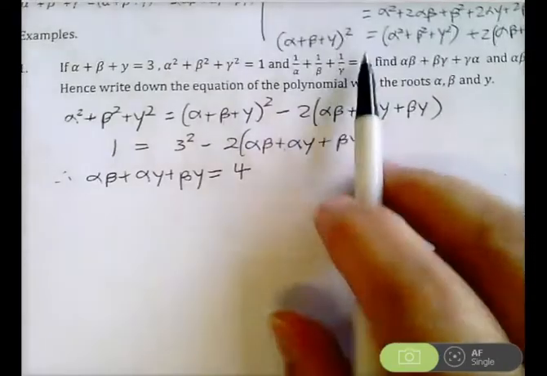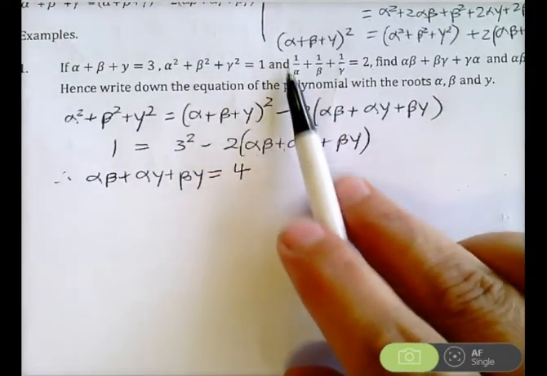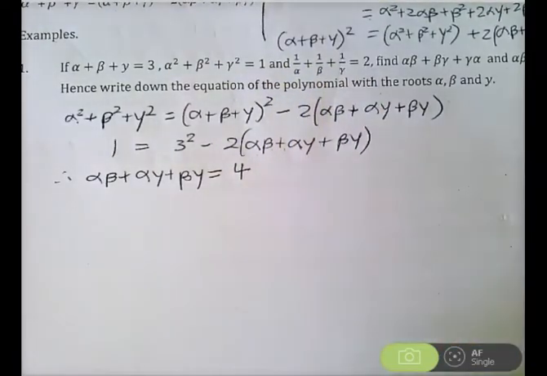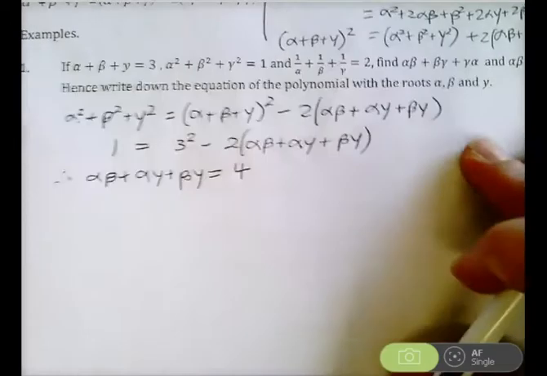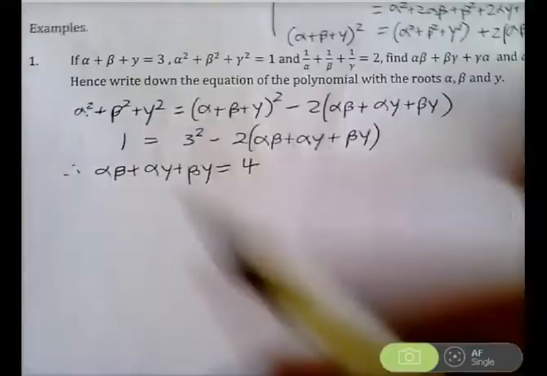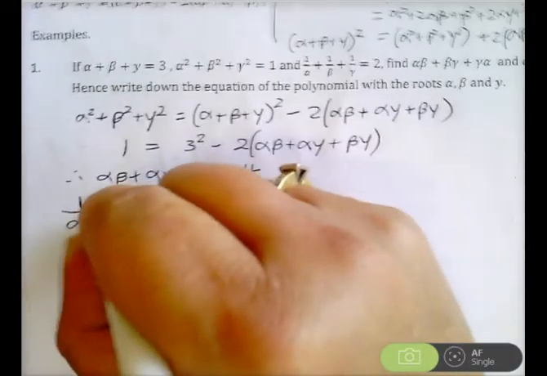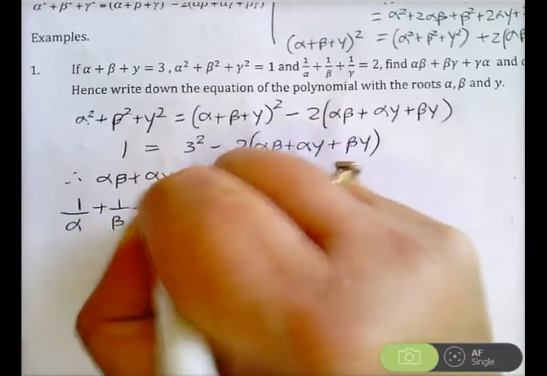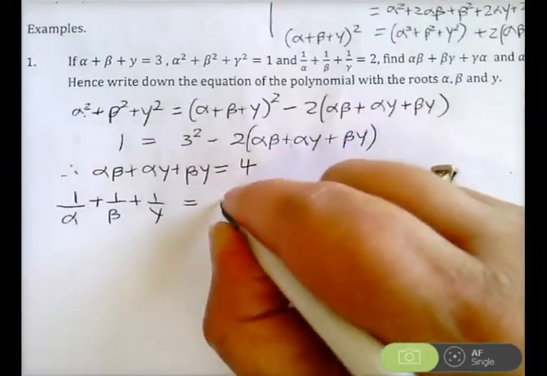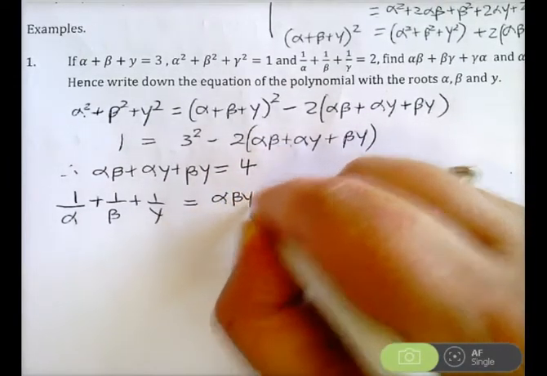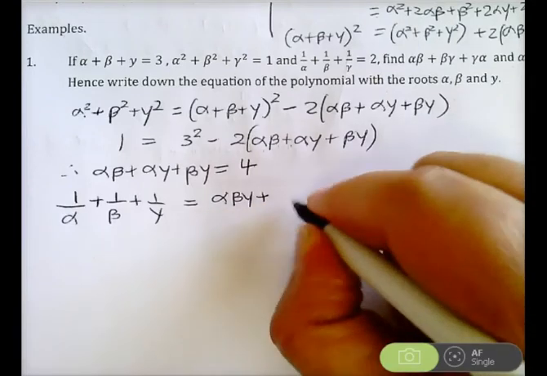Now, using this result here, 1 on alpha plus 1 on beta plus 1 on gamma is 2. We can either go common denominator, I don't know if we'd go common denominator, or... Yeah, we can. Yes, let's do that. Okay, we'll go common denominator. 1 on alpha plus 1 on beta plus 1 on gamma is, let's go common denominator, so it'll be alpha beta gamma plus, the same thing, isn't it?